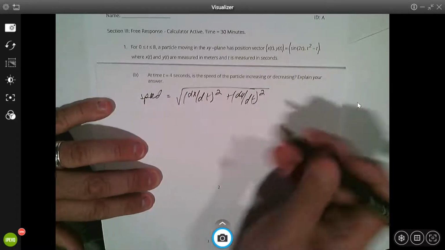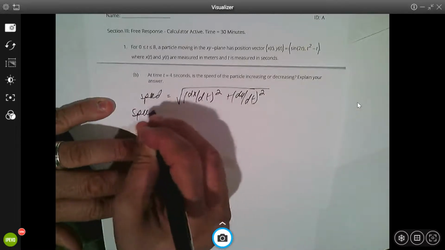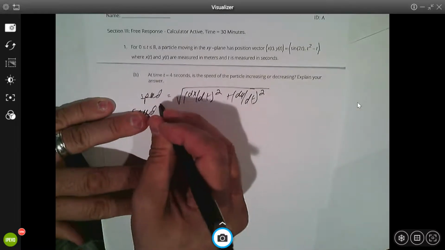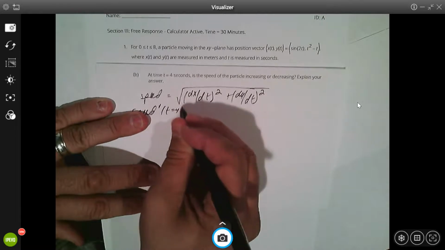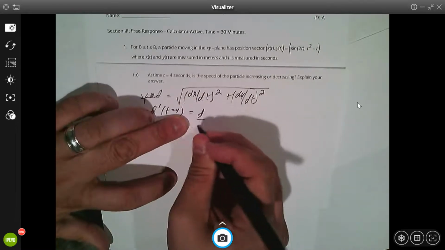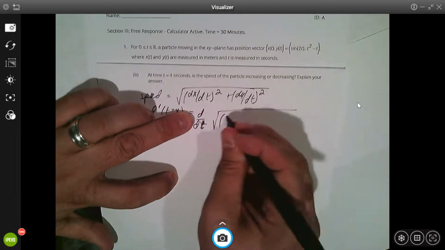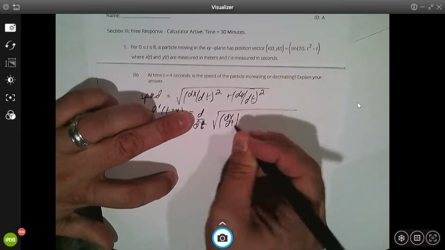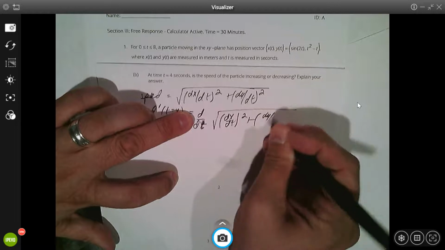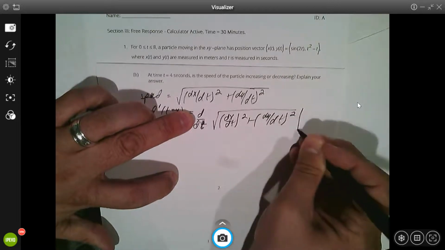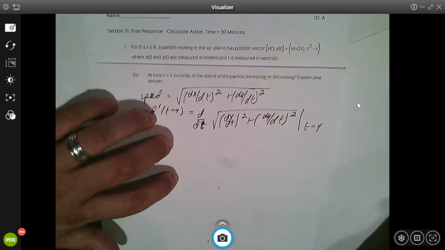Now, here's where things are going to get tricky. What I really want is speed prime at t equals 4, which is going to involve taking a derivative of the square root of this expression here at t equals 4.